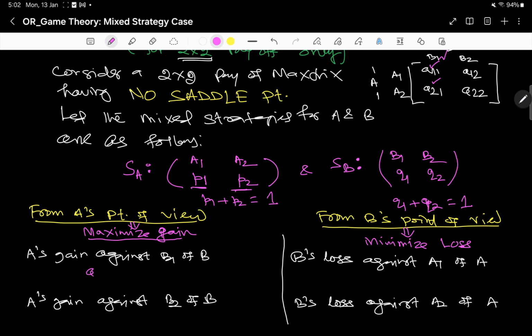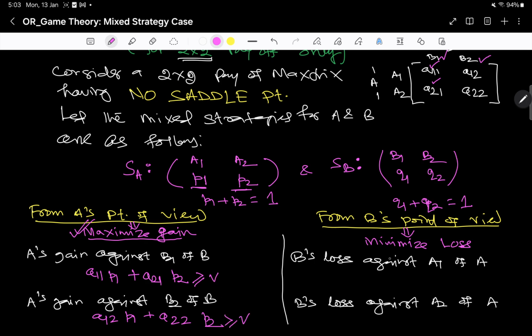And against B2, A's move will be A12 times P1 plus A22 times P2. The viewpoint of A is to maximize, so this is greater than or equal to V.